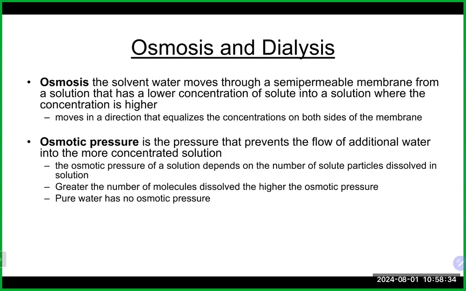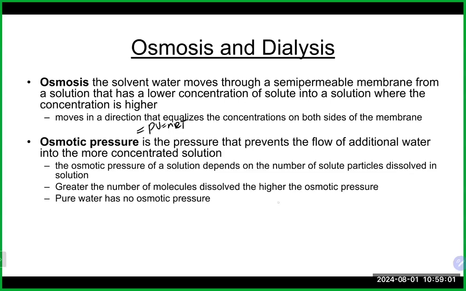The osmotic pressure, as we just saw, we could calculate using the ideal gas law, PV equals nRT. The osmotic pressure depends on the number of particles dissolved in the solution. The greater the number of particles, the greater the osmotic pressure. Pure water has no osmotic pressure as it has nothing dissolved in it.